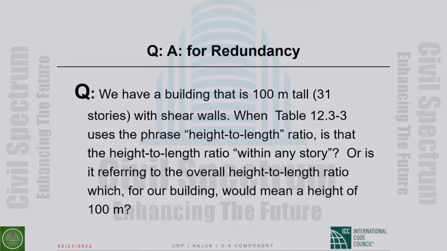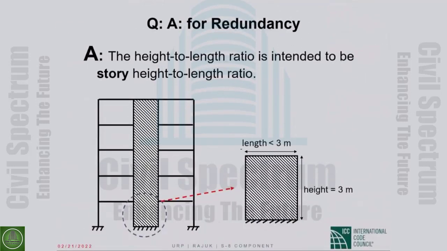We have a building that is 100 meters tall, 31 stories with shear walls. When the table uses the phrase height to length ratio, is that the height to length ratio within any story, or is it referring to the overall height to length ratio, which for our building would mean a height of 100 meters?